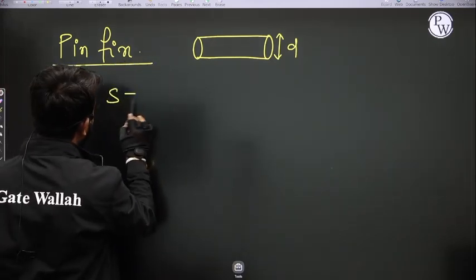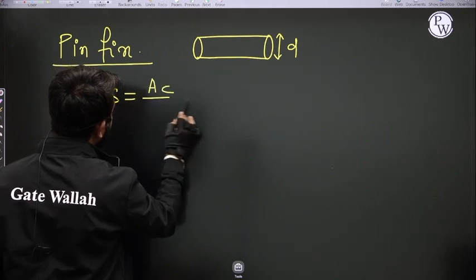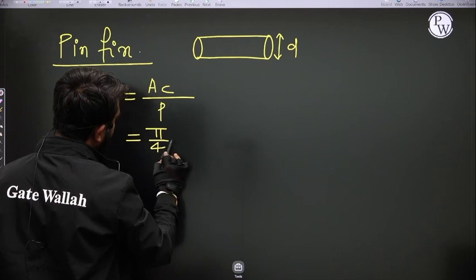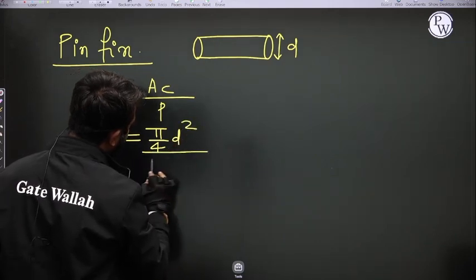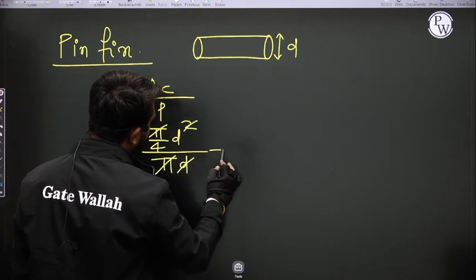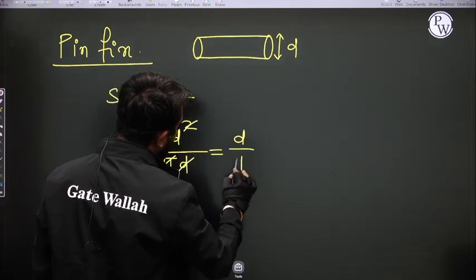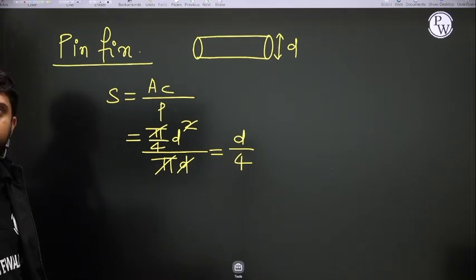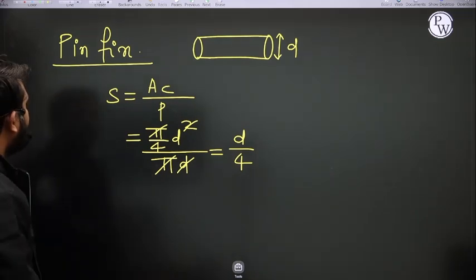S is equal to AC divided by perimeter. And AC is pi by 4 D square divided by pi D. Pi cancels out, D cancels out, so ultimately it is D by 4. In case of the pin fin, S is equal to D by 4, right?